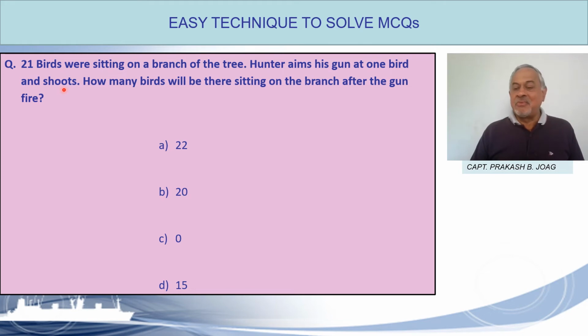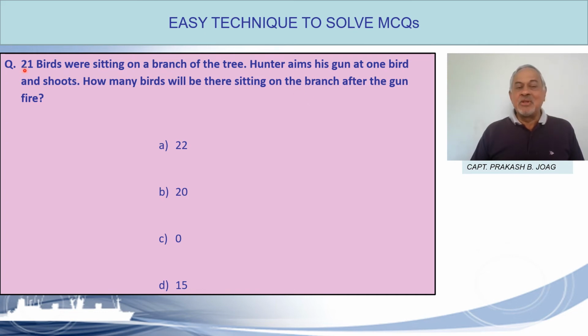It means the hunter fires his gun by aiming at one bird. How many birds will be sitting on the branch after the gunfire? So after the hunter shoots, how many birds will be left on the branch of the tree? That is the question.